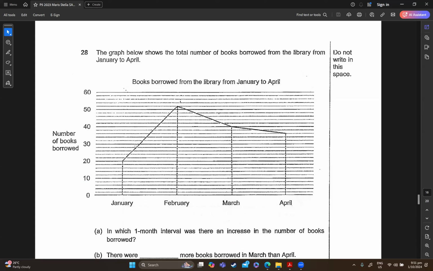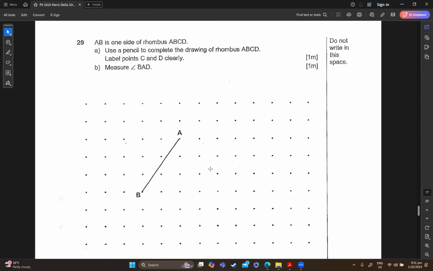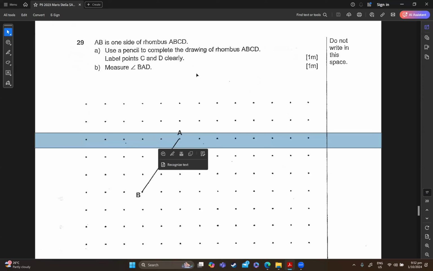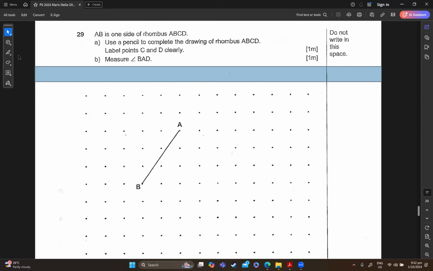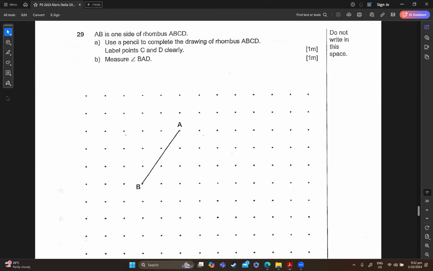Okay, now let's move on to question 29. In question 29, use a pencil to complete the drawing of the rhombus A, B, C, D. Okay, so rhombus, all four sides have to be equal.